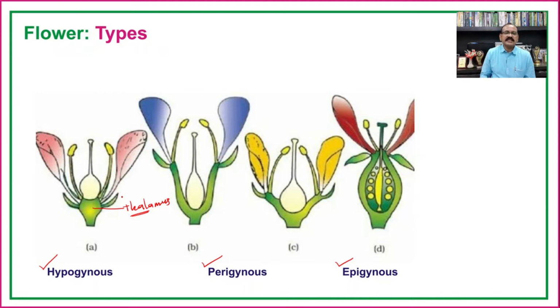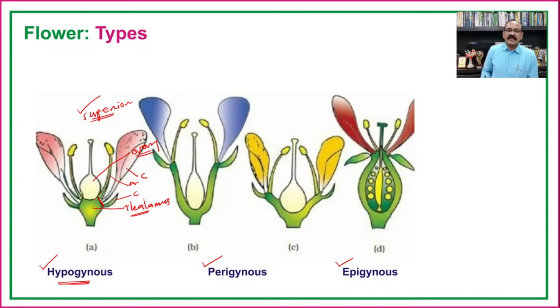In such cases, if the calyx, then corolla and androecium develop from the base of the ovary, and the ovary gets the topmost position, then such a type of ovary is known as superior ovary, and the flower developing the superior ovary is known as hypogynous flower.